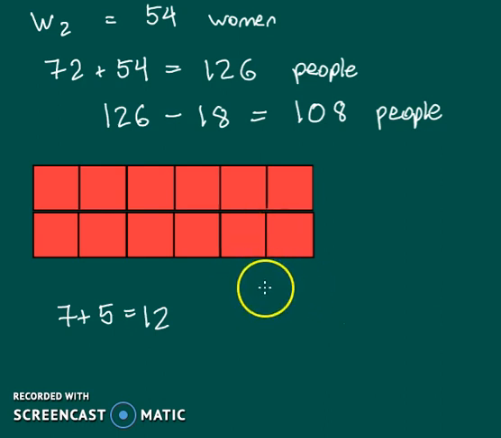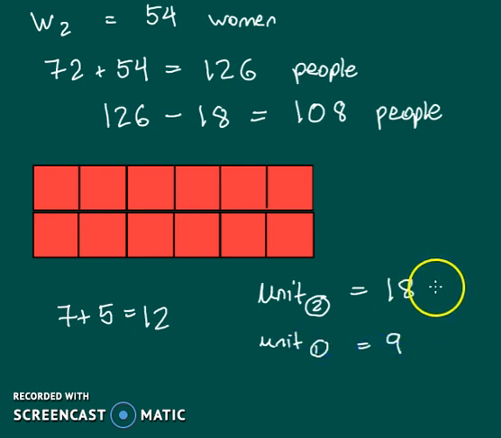So, if we knew before that one of the larger units, I'm going to call that unit 2 to signify that they were the later units, one of those units was worth 18 people. Half of one of those units, which I'm going to call unit 1, is worth 9 people.